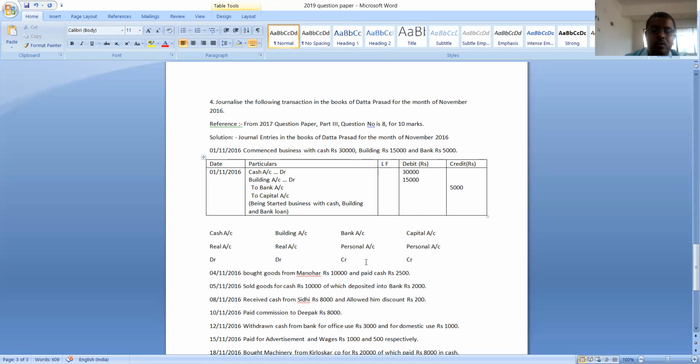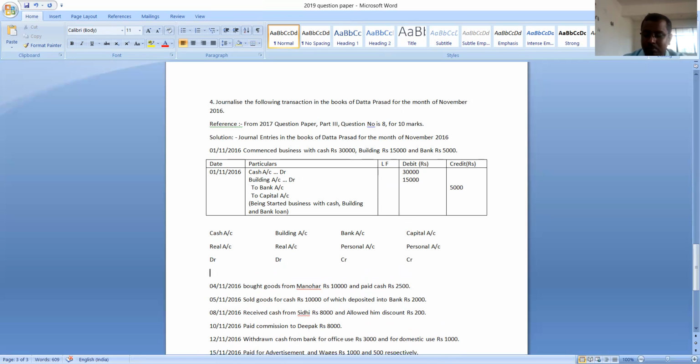See here, how much investment has he actually made? He has made 30,000 rupees in the form of cash and 15,000 rupees in the form of building, out of which he has taken 5,000 rupees from bank as a loan, and the remaining money he has invested personally. So personally, how much has he invested? 40,000. What is the sum of these two figures?